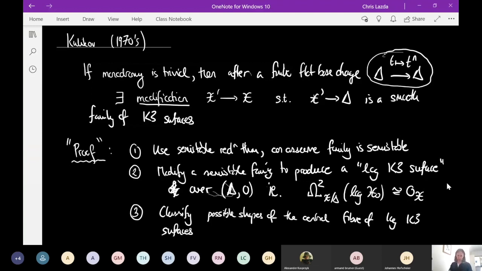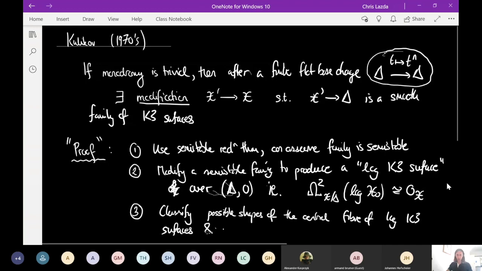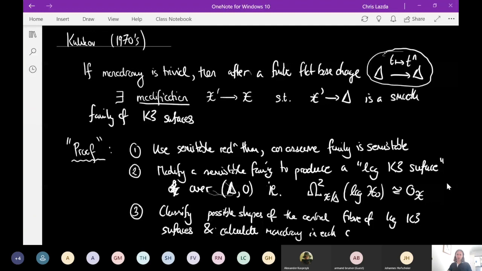So you just write down what they have to look like, and in each case you can calculate the monodromy. And what you see is that the only possible case in which the monodromy is trivial is the one in which the central fiber is smooth. So very briefly, that's how the proof goes.